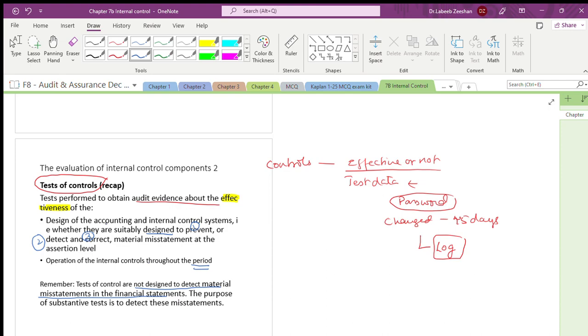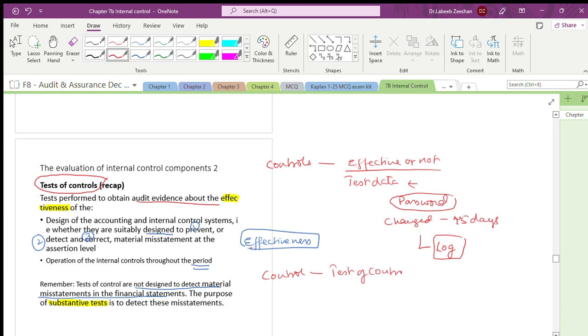Test of controls is only to talk about the effectiveness. In order to detect the material misstatements, we are talking in terms of substantive tests. Now you have three things in place. One, control. Two, test of control.